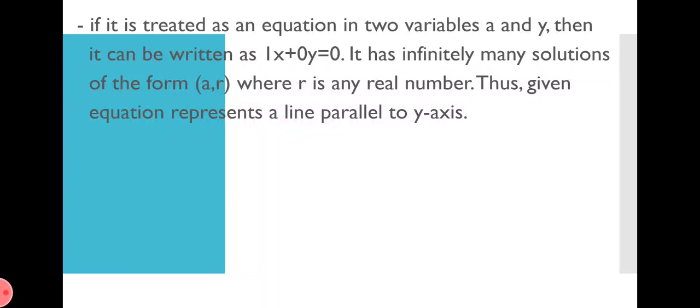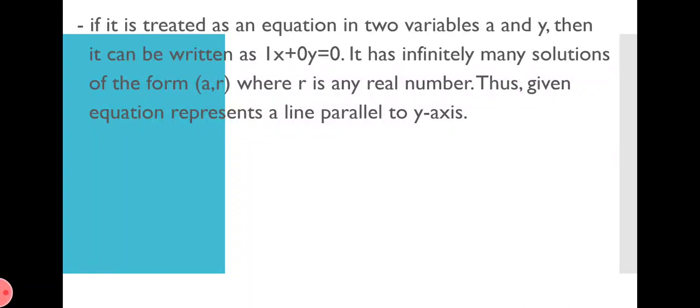Now, when we take the given equation in one variable only, that is a linear equation in one variable, we get a unique solution, that is x is equal to a. Now suppose we take the given equation x minus a equal to 0 as a linear equation in two variables. Then we can write it as 1x plus 0y equal to a.